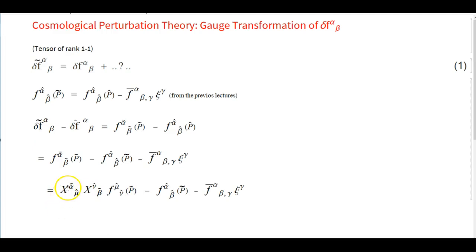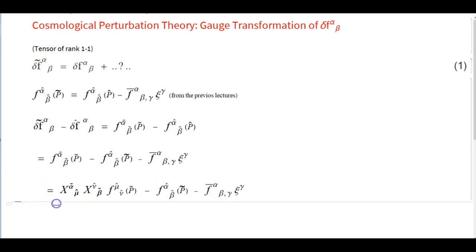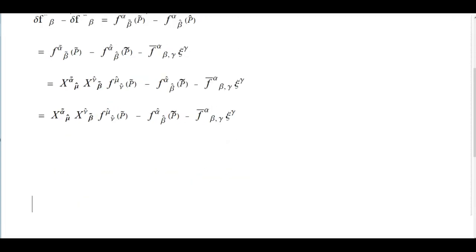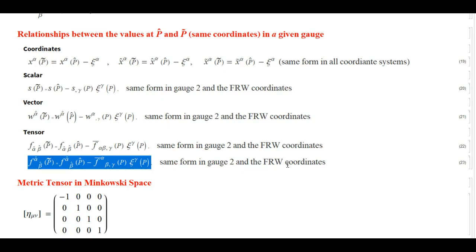And what is x alpha tilde mu caret and x nu caret beta tilde? Now let us write the values for these. Let's copy this equation here. And let me see if I have the values on my formula sheet. I think I do have.